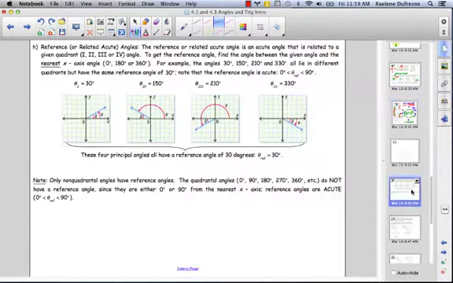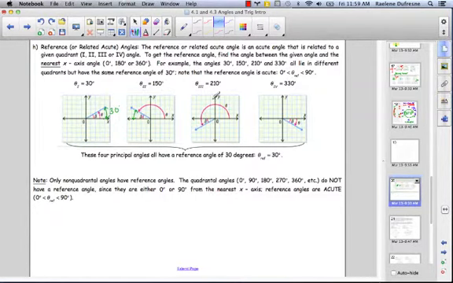Okay, so then the reference angle is any angle in standard position that has an angle measured from the nearest x-axis to that angle. So if we start from an angle of 30 degrees, we measure between 30 degrees and 0, and we see that the reference angle is 30. An angle in quadrant 2 of 150 degrees is 30 degrees away from the nearest x-axis.